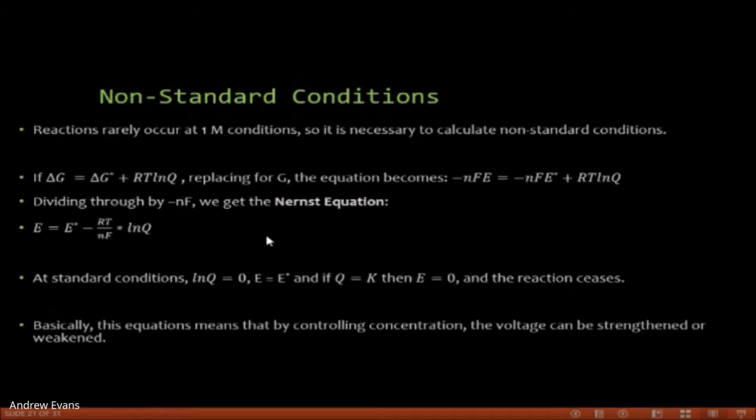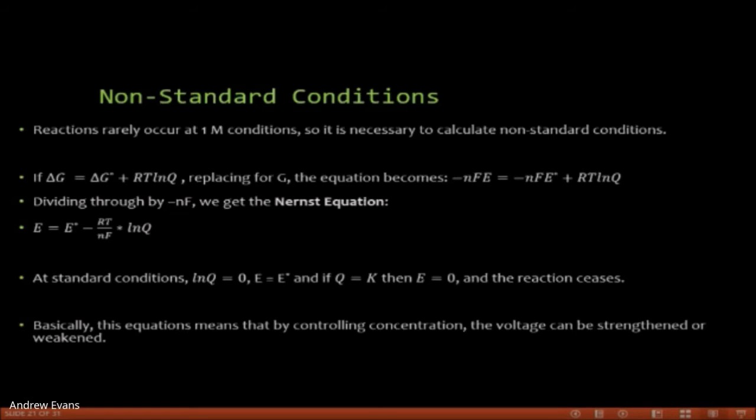Now, once again, much like with Gibbs, very rarely do we actually do all of our chemistry under standard state conditions. We have to be able to calculate this for non-standard conditions.